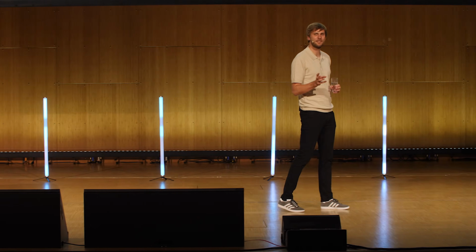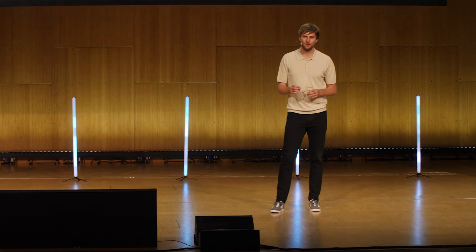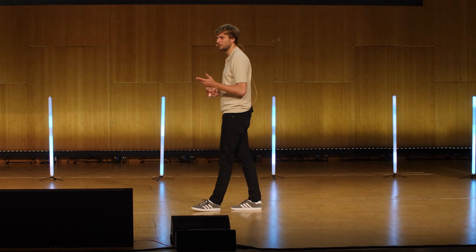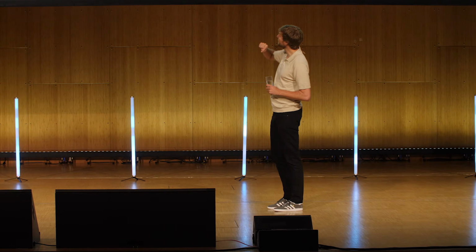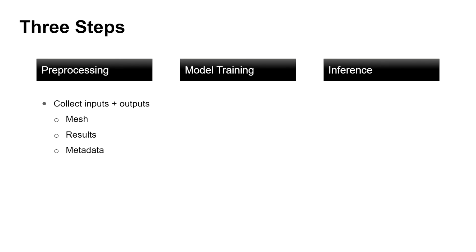So this is something you need to collect, and since this raw data is huge, external aerodynamics is something like 60 gigabytes usually per case. So if you have 1,000 cases or even more, then we are speaking really about large data sets. So this is why we said, okay, the pre-processing should be a single workflow.